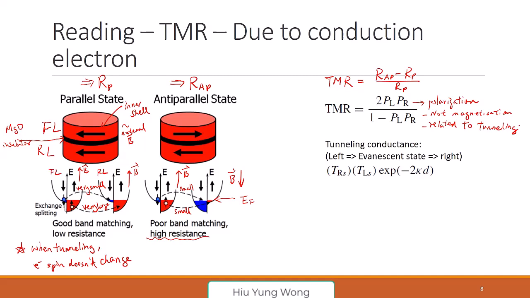But anyway, the point is that the conduction is related to the tunneling probability from the left into the insulator. And then this is the probability from the insulator to the right contact.